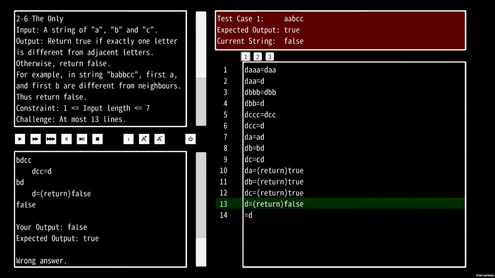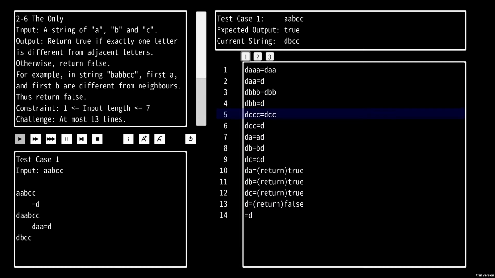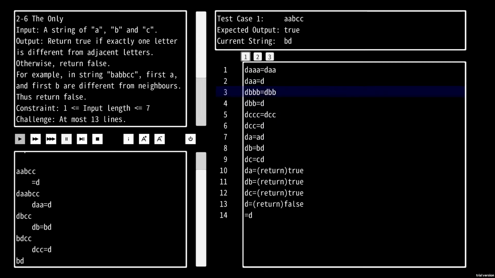Let's see if this works real quick. D gets rid of that. Moves over. Oh, okay. It's just the wrong way around. Because D is moving to the right, so it's going to end like this. At most 13 lines, and I'm at 14. I'm just wondering where exactly I'm messing up.